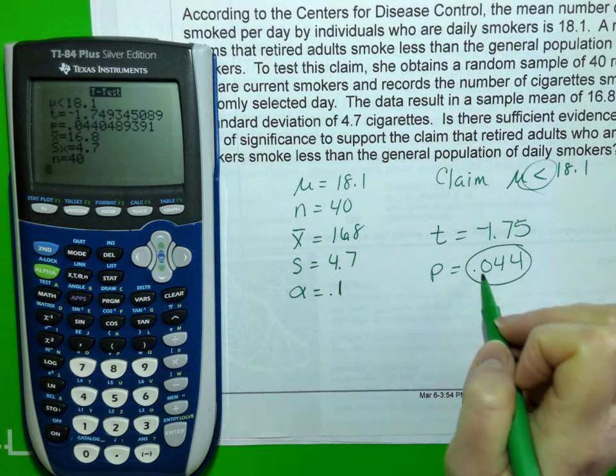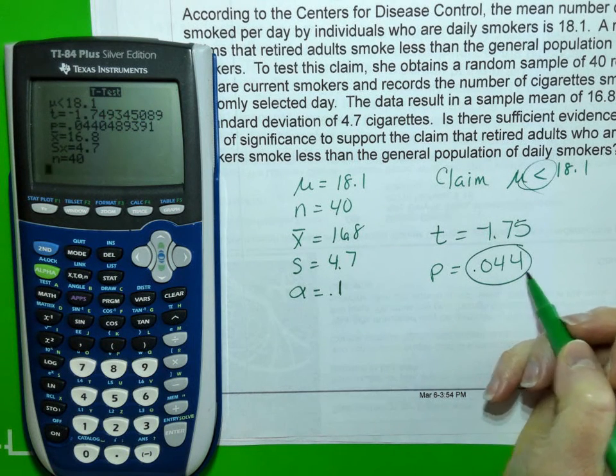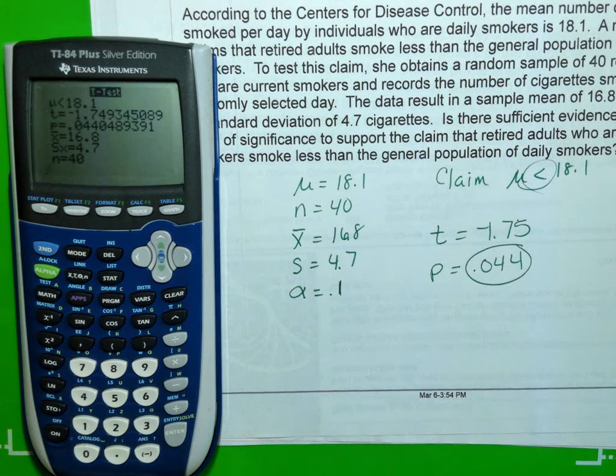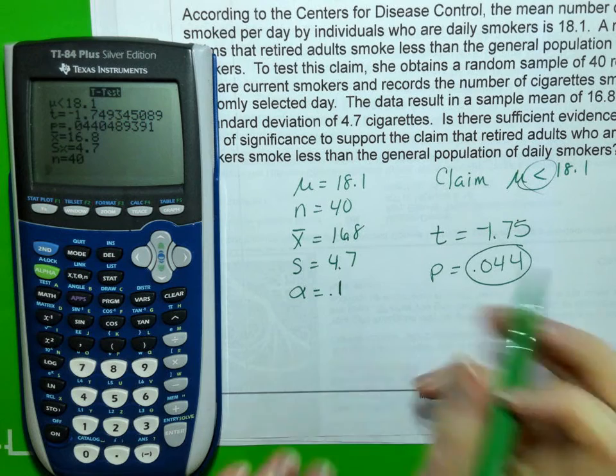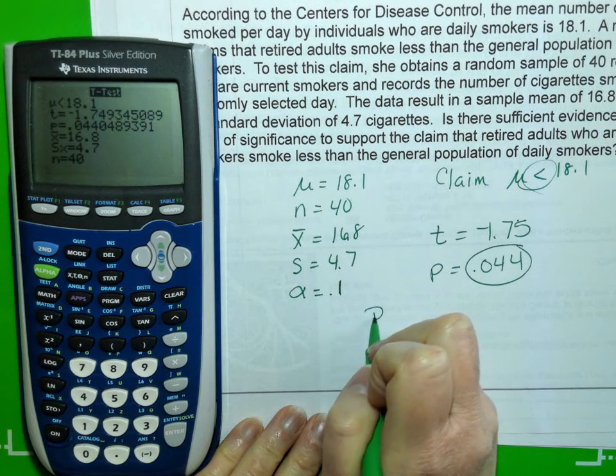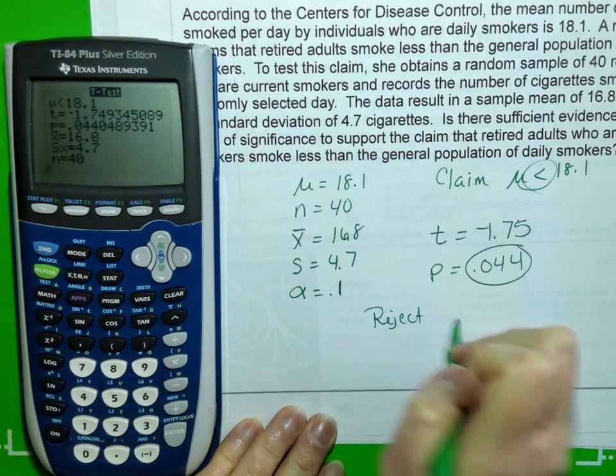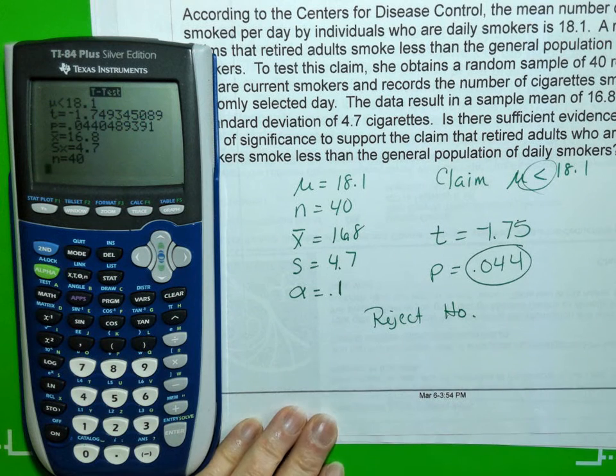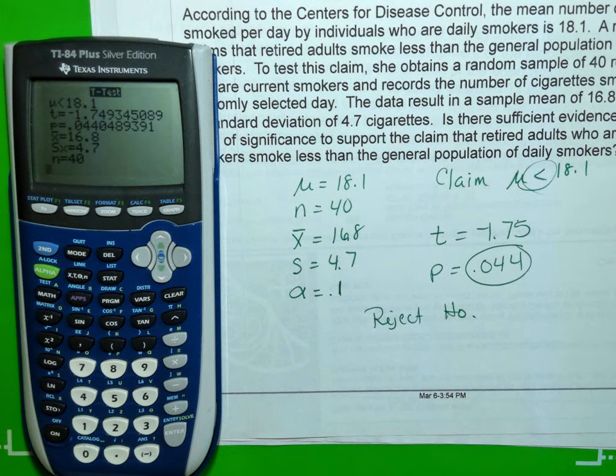Is 0.044 more or less than 0.1? Less. It's less than 0.1. Therefore, we would reject H sub O. What would our conclusion be?